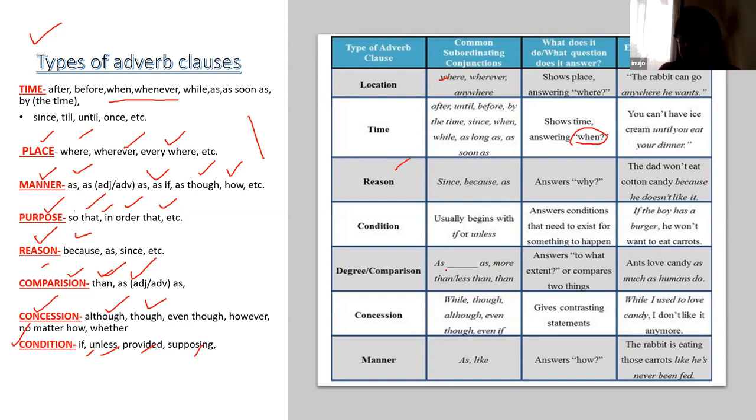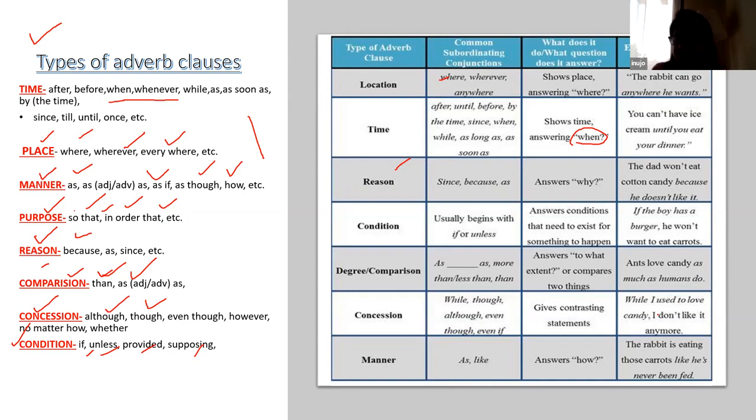So any than word you use for degrees of comparison. Now for concession, what do you use? For concession we use while, though, although, even though, even if, because these give contrasting statements. Okay, for example, here you can see, I used to love candy. I don't like it anymore. Both are contrasting.